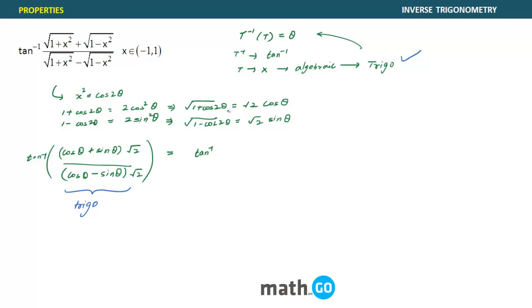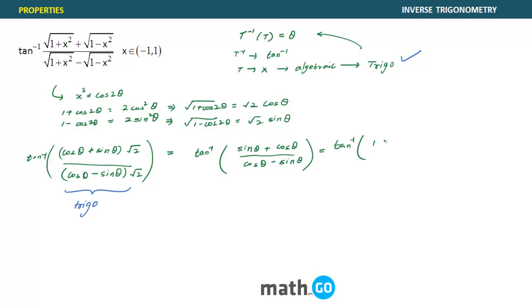So this becomes what? Nothing but a function similar to what this will reduce to. This will be sin theta plus cos theta divided by cos theta minus sin theta. Now how do you resolve this? Yes, very simple stuff. You all have done this in basic trigonometry.